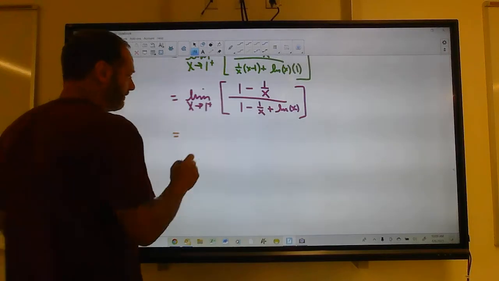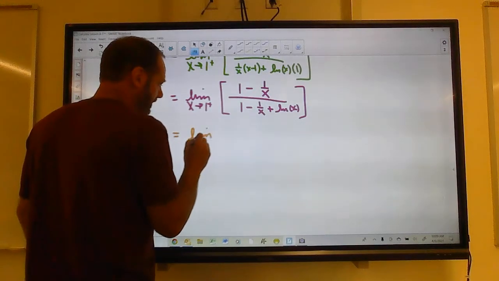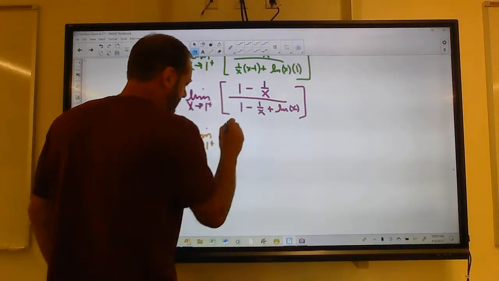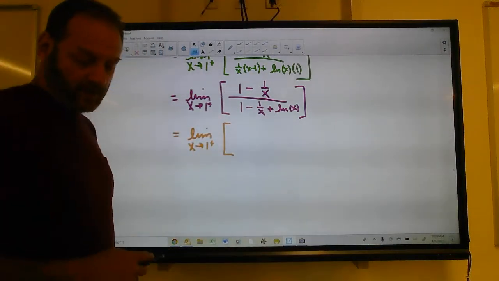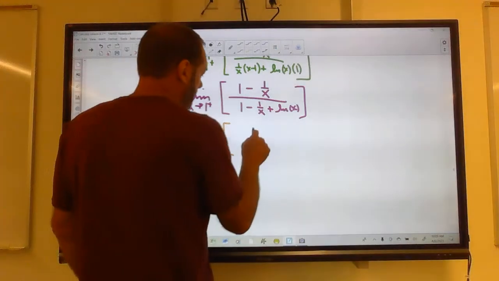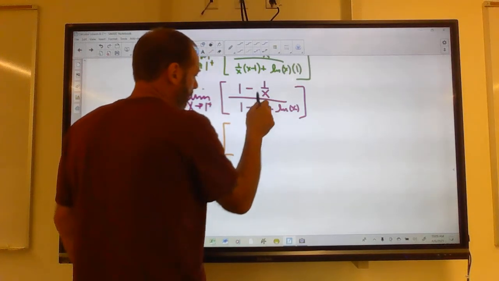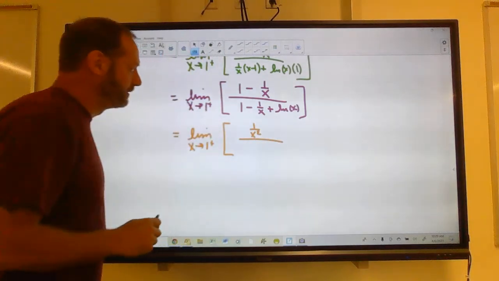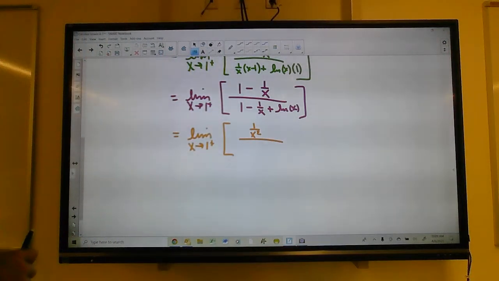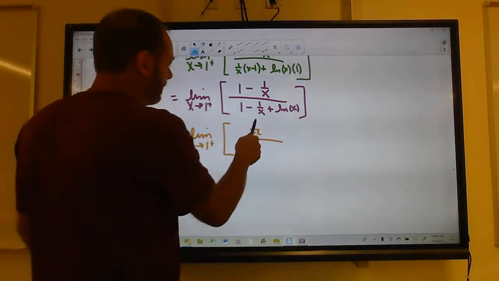I'm going to take the derivative. The limit as x goes to 1 from the positive side. So that's 0. X to the negative 1, negative 1 over x, ends up being 1 over x squared on the top. The bottom, that's 0.